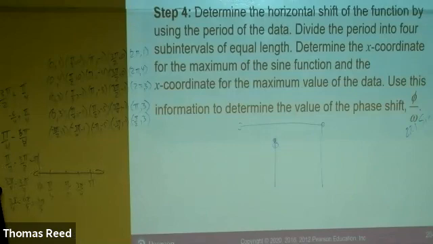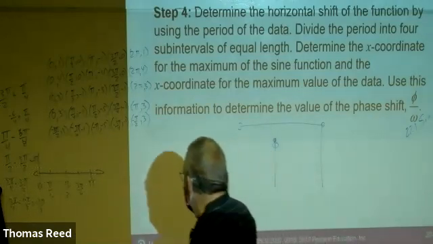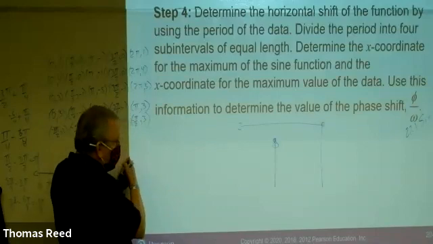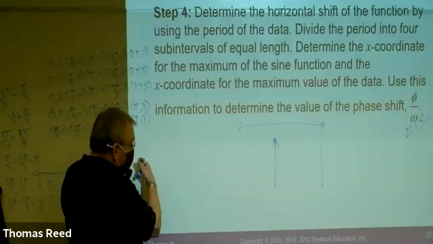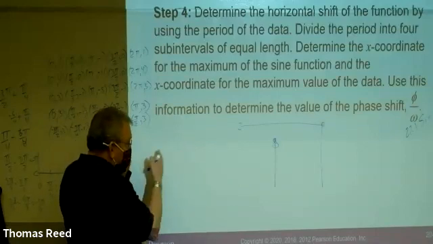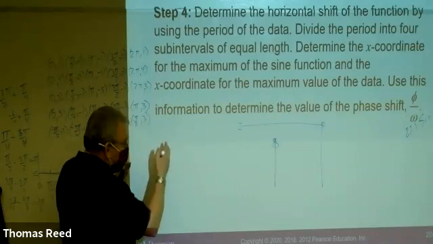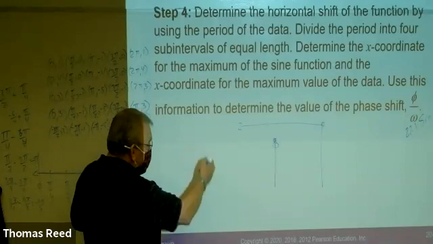Determine the horizontal shift by using the period of the data divided by 4. So you go from 0 to 12 in that data set. Each subdivision is going to be 3 long. So it's going to be 3, 6, 9, and 12.